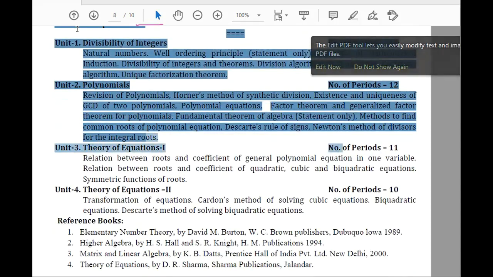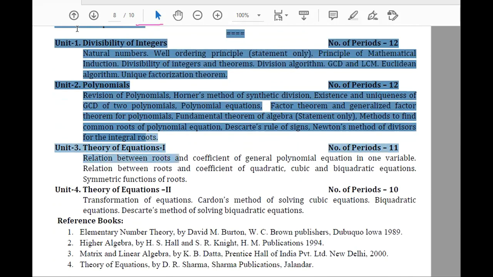Chapter 3, theory of equations, part 1. In this chapter, we will see the relation between roots and coefficients of a general polynomial equation in one variable, the relation between roots and coefficients of quadratic, cubic, biquadratic equations, and symmetric functions of roots.